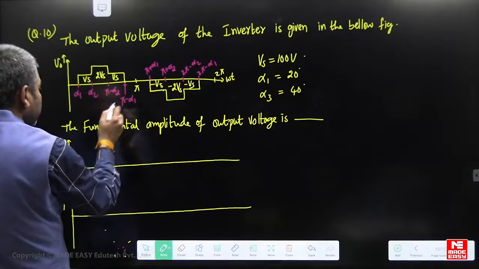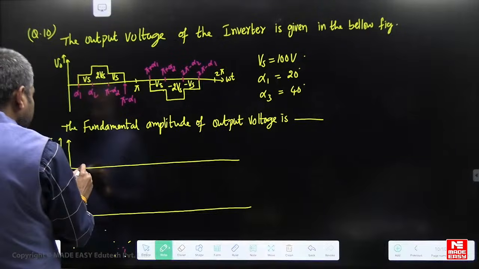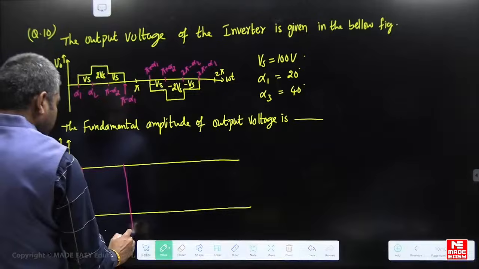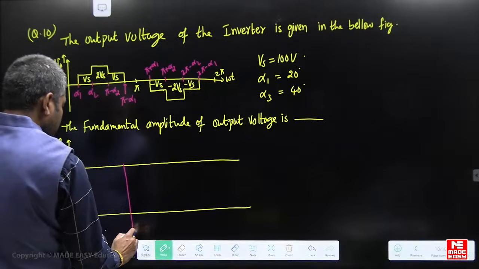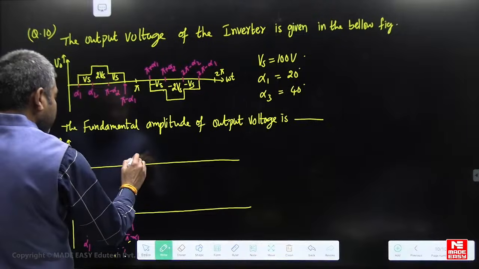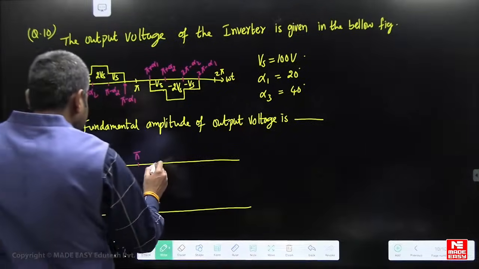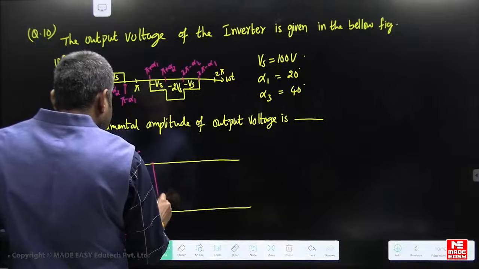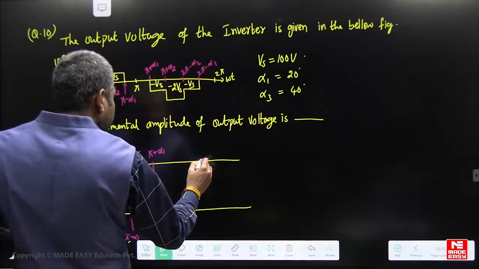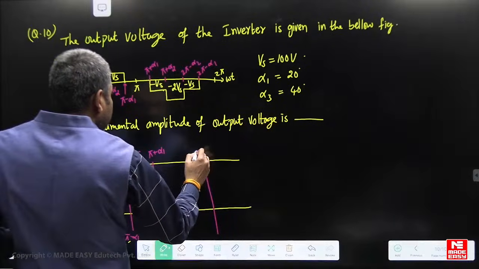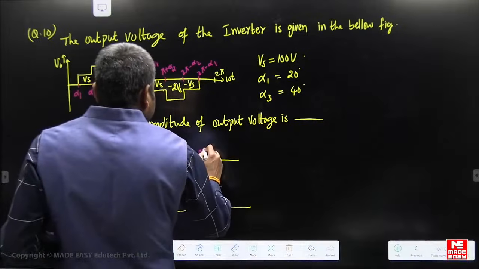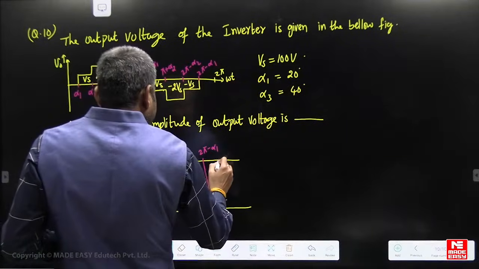Alpha 1 to pi minus alpha 1, this is pi, and then pi plus alpha 1, and then 2 pi minus alpha 1, and then 2 pi.